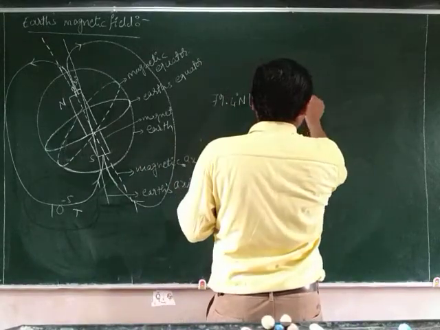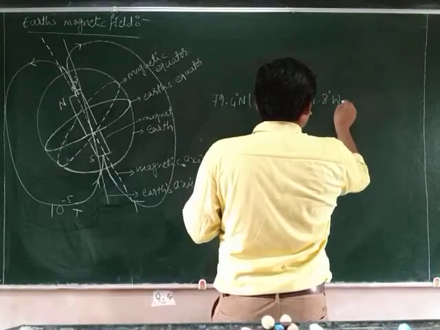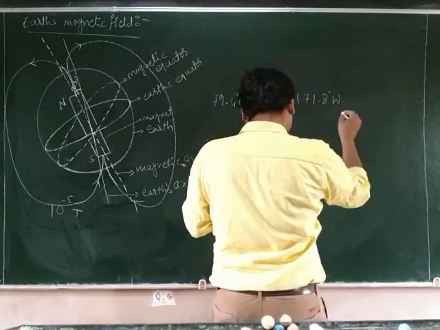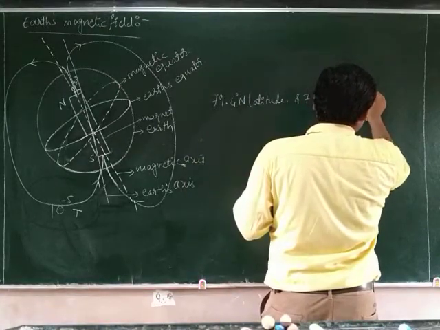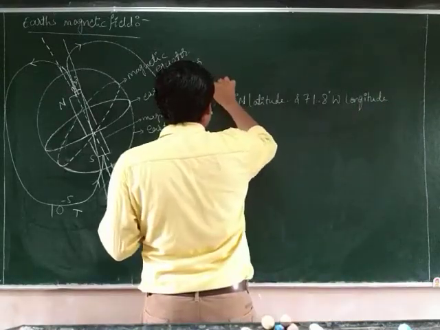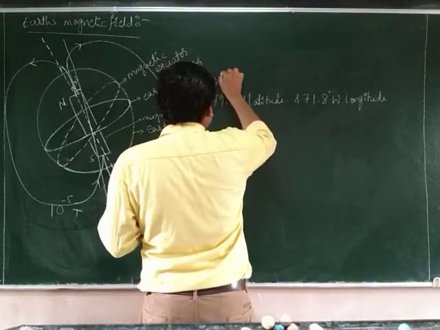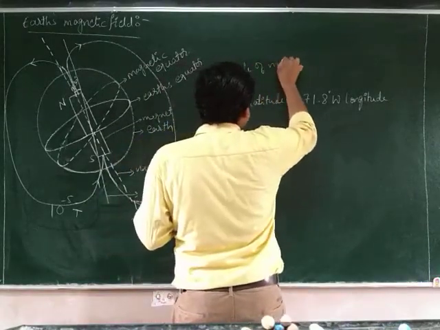And 71.8 degree west longitude. What is it? The north pole of the magnet.